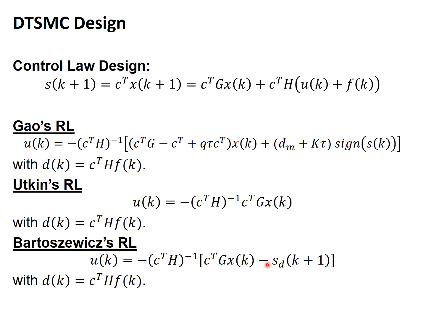You will see this a priori function is coming here additionally. If this a priori function was not there, and it becomes 0, then this control action will be the same as this control action, but it will have this with it in Bartoszewicz. So this completes our discussion on sliding mode control itself.